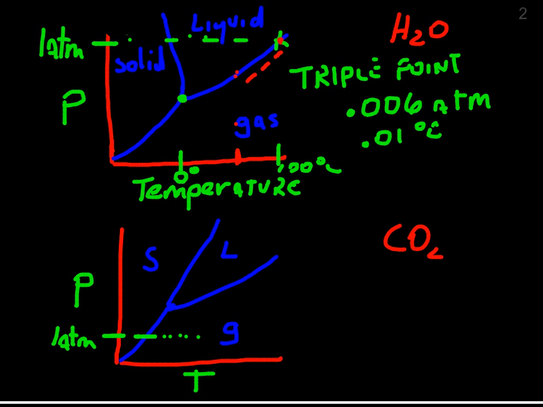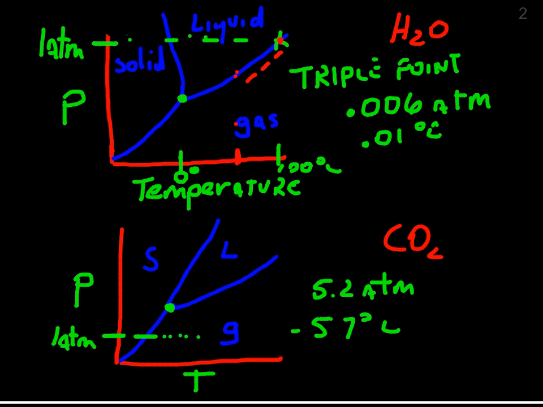It's going to sublimate. And that's what you see with dry ice. It just starts disappearing. You don't ever see any liquid CO2, because to see liquid CO2 it has to be at extremely high pressure. The triple point of CO2 happens to be at 5.2 atmospheres, so basically 5 times standard atmospheric pressure, and negative 57 degrees Celsius, so pretty darn cold.